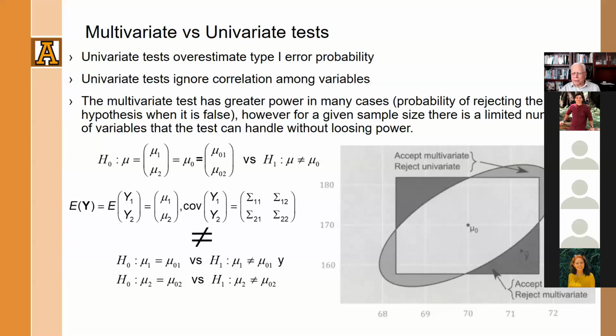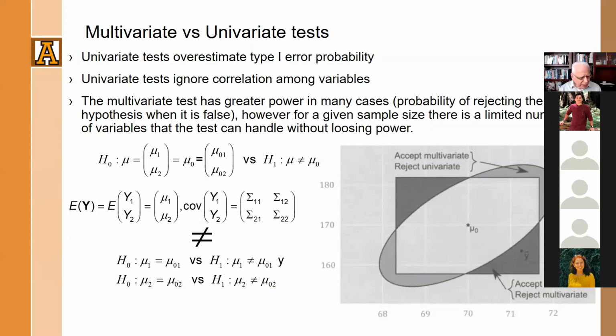If I'm testing at 5% significance level, I would build a 95% confidence interval. If y bar 2 falls outside the interval, I would reject the null hypothesis that y2 has mean mu2 against the alternative that it's different. Whereas if it lies within the confidence interval, I could not reject that null hypothesis.